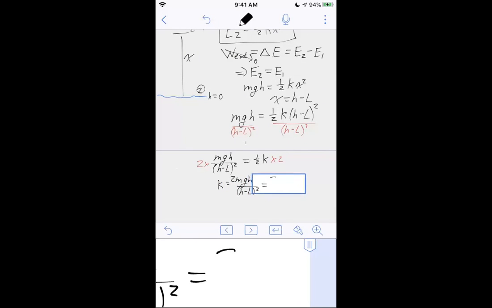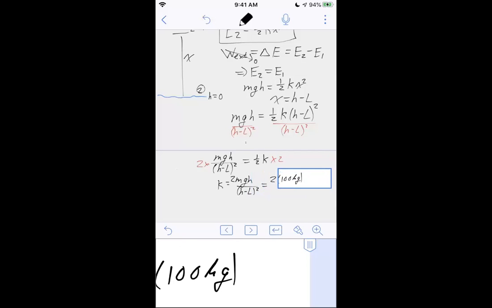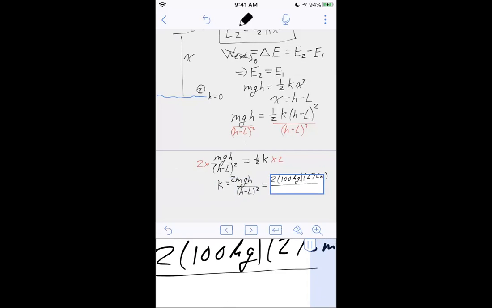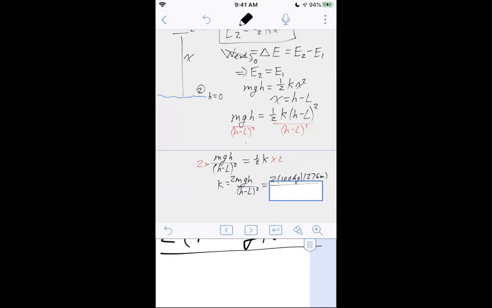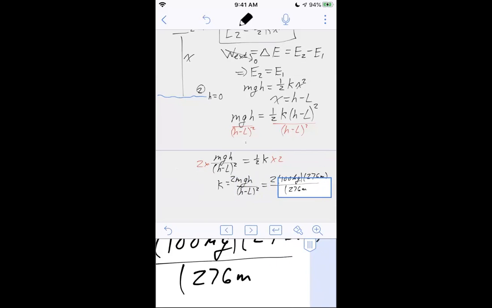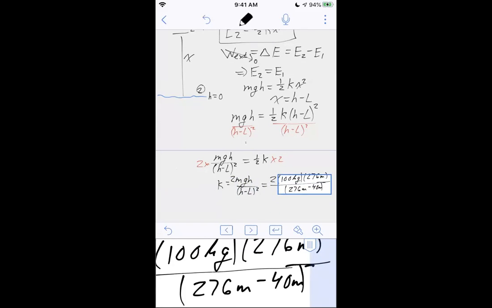So plugging in values, I've got 2 times 100 kilograms times the initial height, which is 276 meters, divided by h minus L, so 276 meters minus 40 meters, squared.